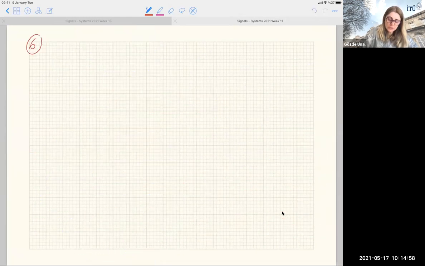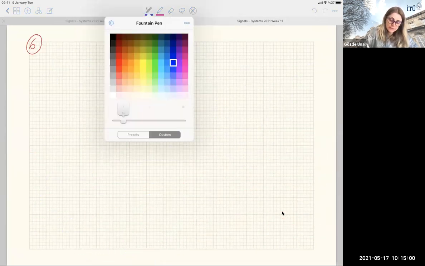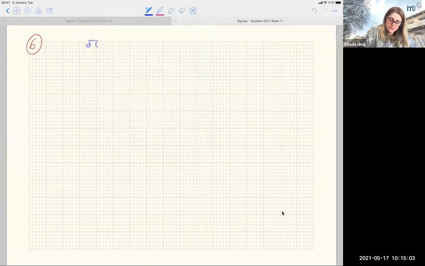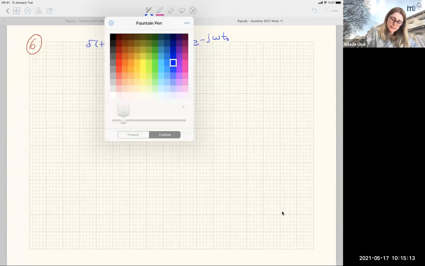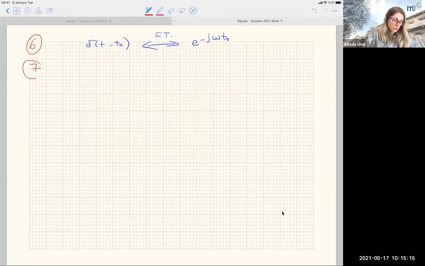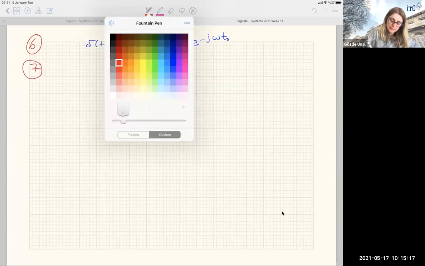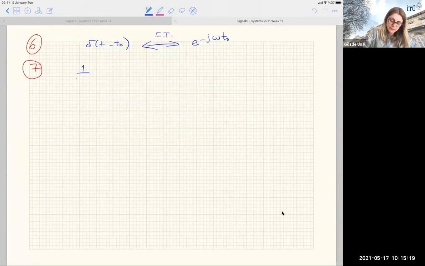I can look at the shifted impulse. Actually, guys, now you can derive this. What is the Fourier transform of delta of t minus t0, which is e to the minus j omega t0? Now you guys can do this, or let's do one of these. We'll do vice versa. I'll start with 1 over 2 pi e to the j omega 0 t, and its Fourier transform pair will be a shifted impulse.